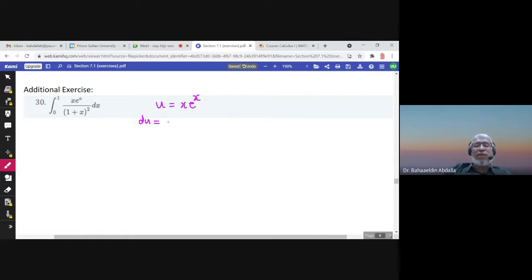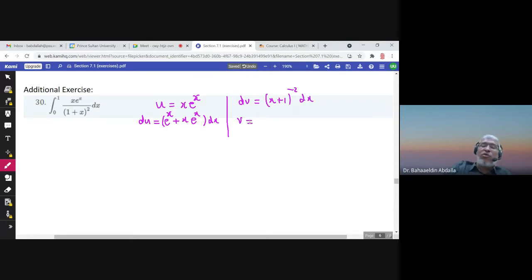The derivative of x is 1 plus x times the derivative of e^x, which is the same, times dx. And we will take dv here to be (x plus 1) to the power negative 2, or 1 over (1 plus x) to the power 2 dx.